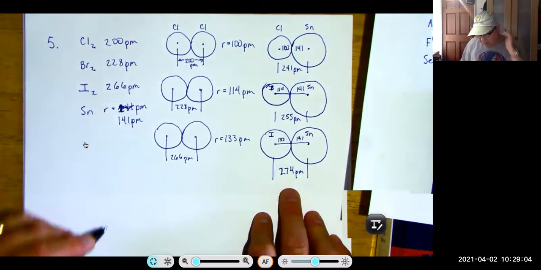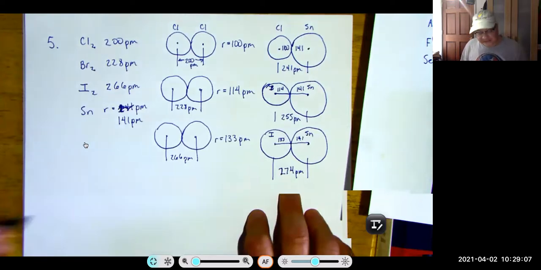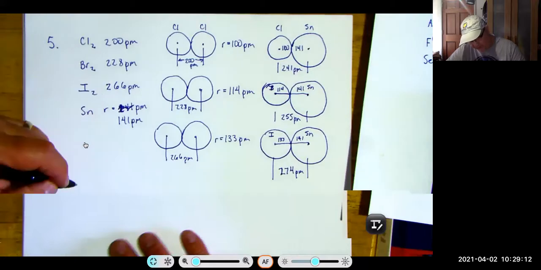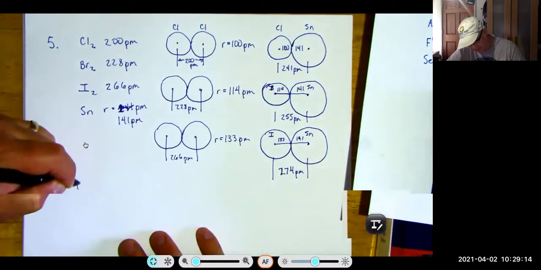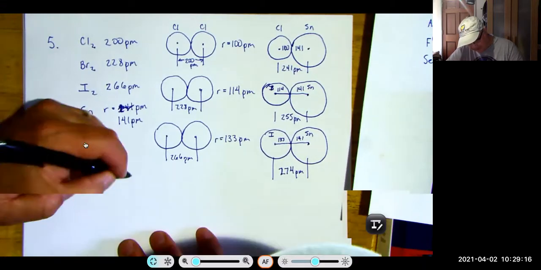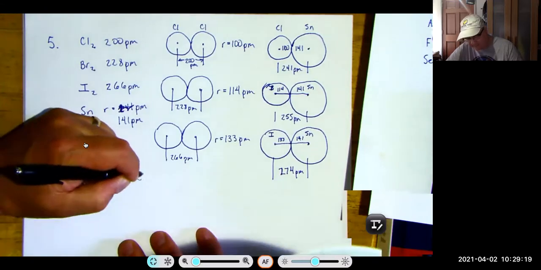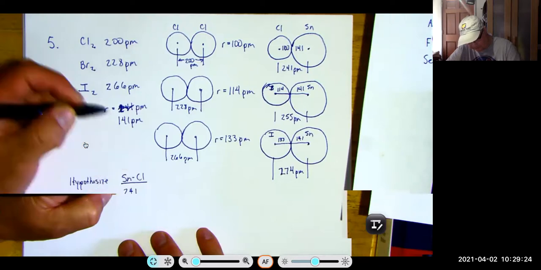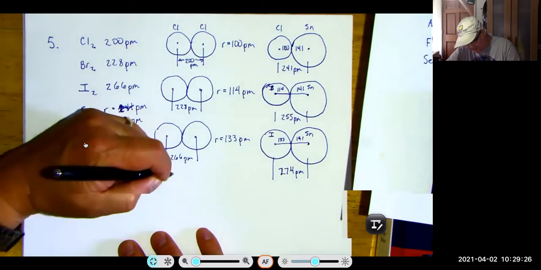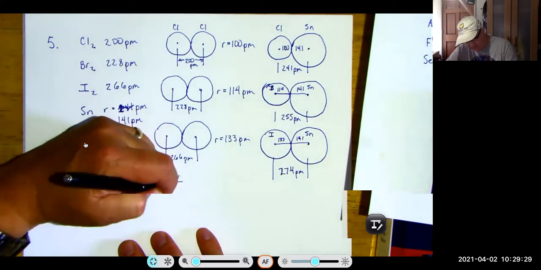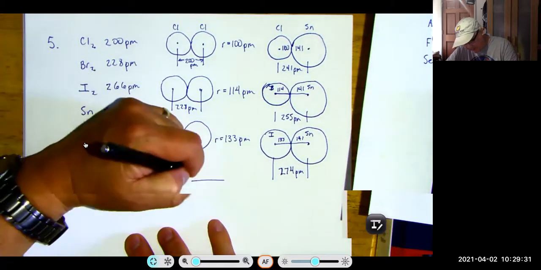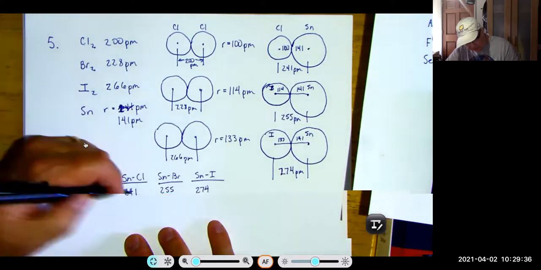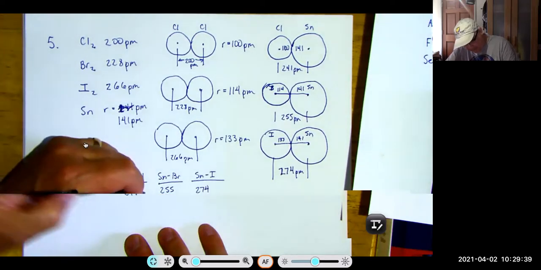Okay, so these are our hypotheses, right? Based on bond lengths and radii. So we hypothesize that tin chlorine is going to be 241, that tin bromine is going to be 255, and that tin iodine is going to be 274. And these are all picometers, right?